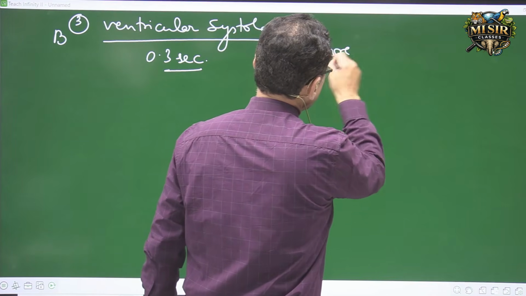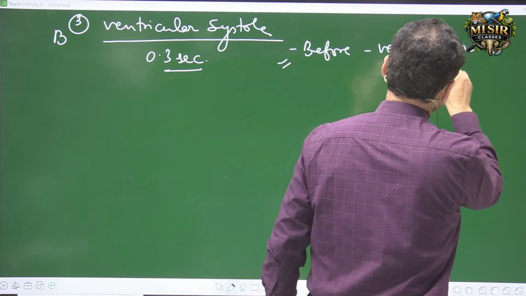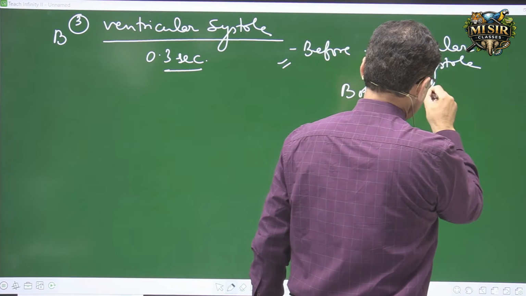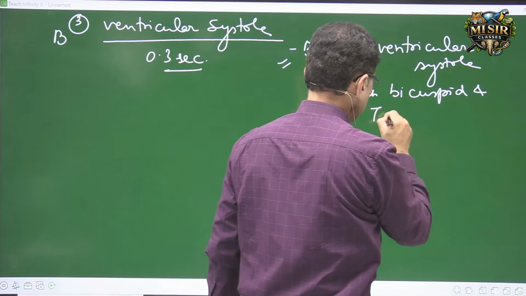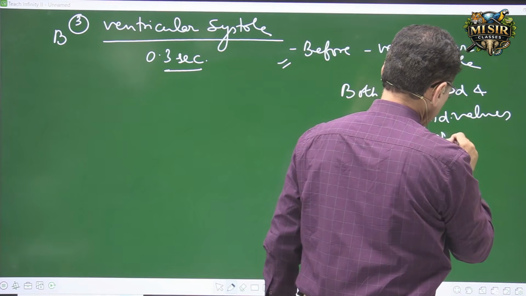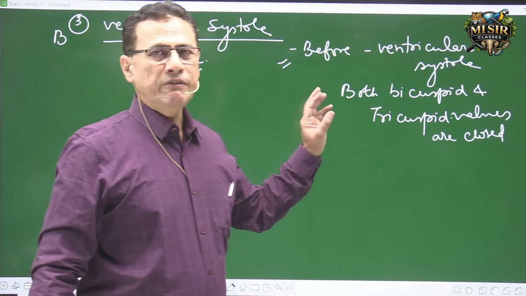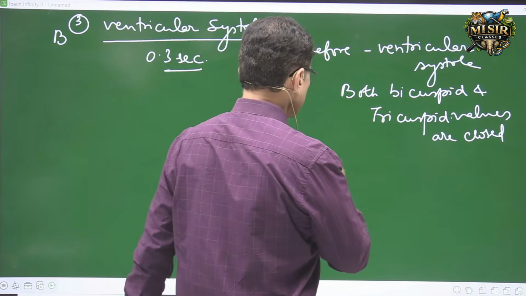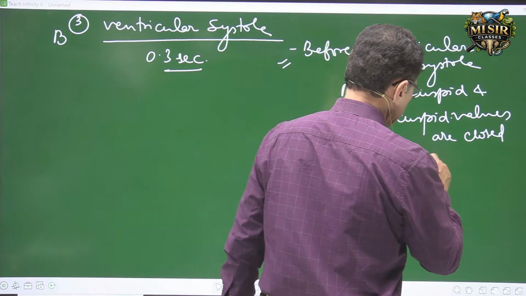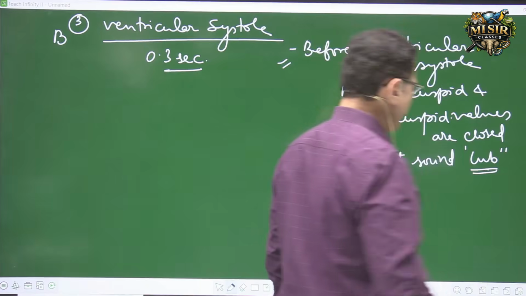Before ventricular systole, both bicuspid and tricuspid valves are closed. Now, closure of these AV valves, or bicuspid and tricuspid valves, leads to the first heart sound. First heart sound, lub, L-U-B, lub.